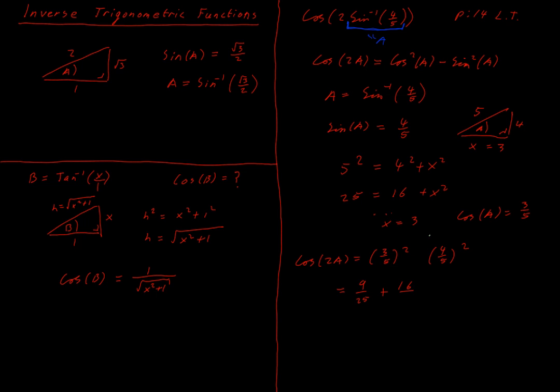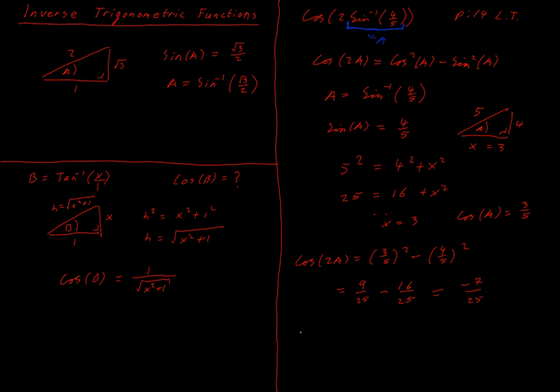So that should be minus, and this should be a minus. So I subtract them from each other. They're both over 25, so I subtract them from each other, and I get minus 7 all over 25, which is equal to what I started with.